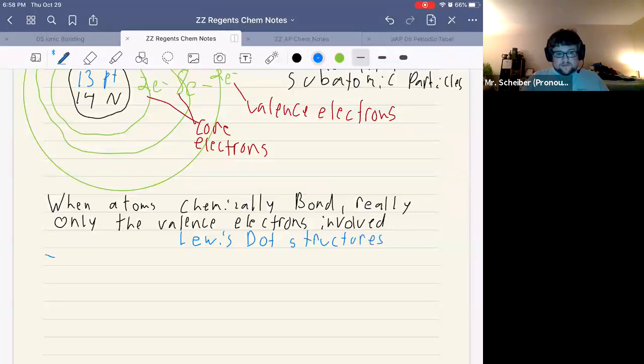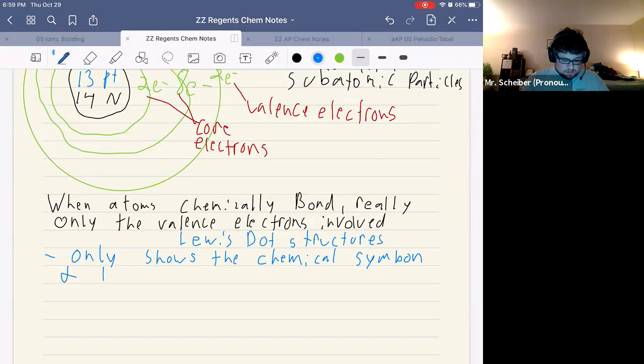And it really only involves 2 things. It only shows the chemical symbol and the valence electrons.